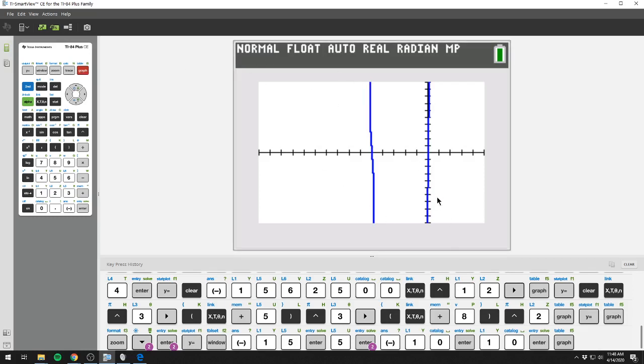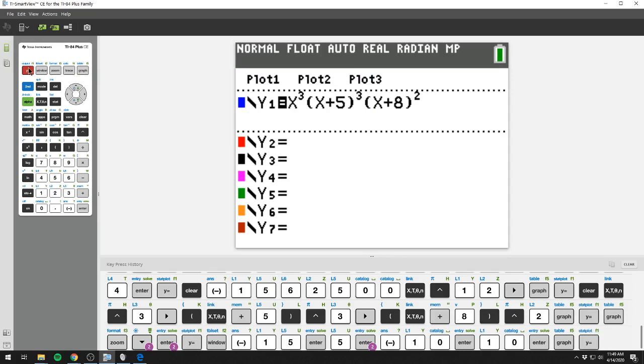Right, so the only reason I am confused is we have zeros at 0, x-intercept at x equals 0, x-intercept at x equals -5, and -8, which would be right here. But I'm not seeing it on the graph. And from what I can tell, I did not type in wrong. So I think that it might be too steep for the graph.